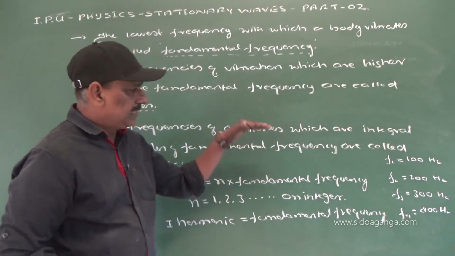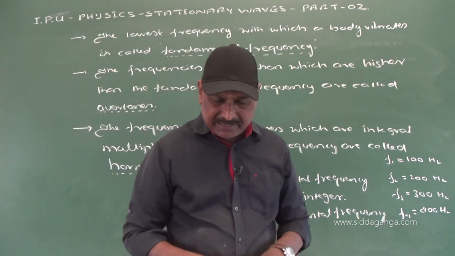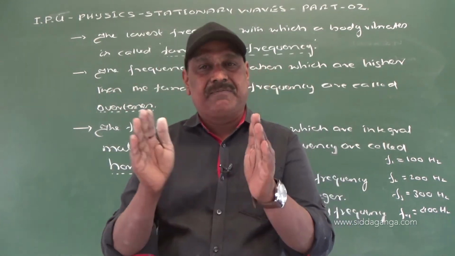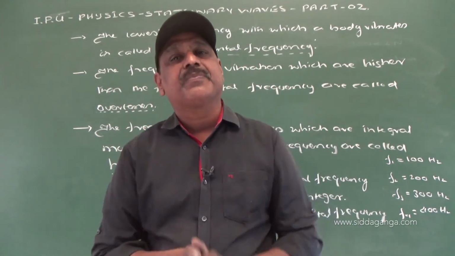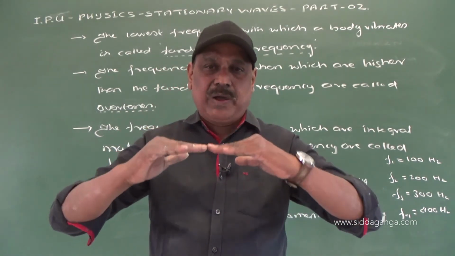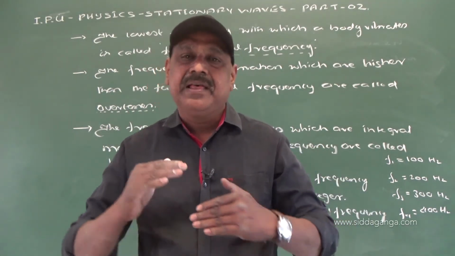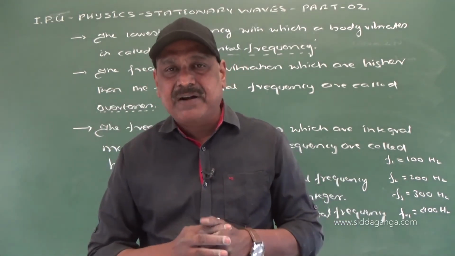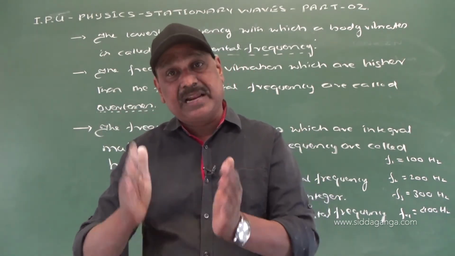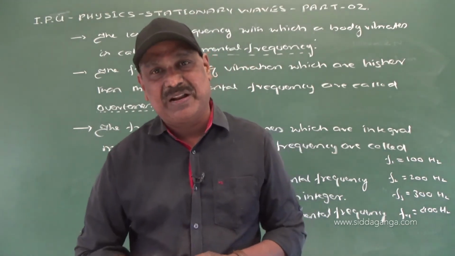Generally, for any vibrating body, the lowest frequency of vibration is called the fundamental frequency. Frequencies higher than the fundamental frequency are called overtones, and the frequencies which are integral multiples of the fundamental frequency are called harmonics, right?